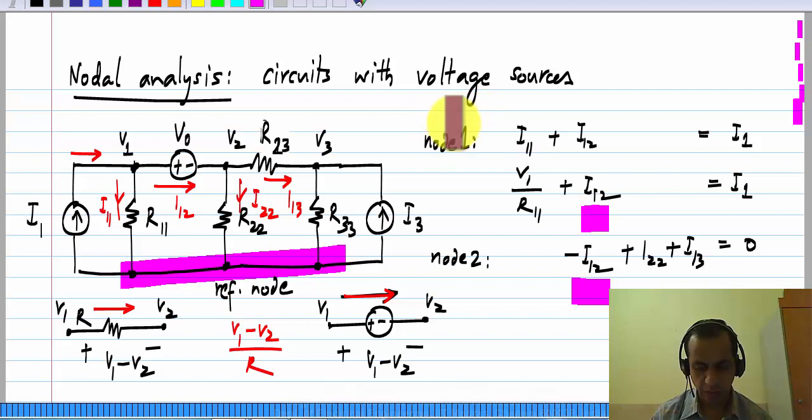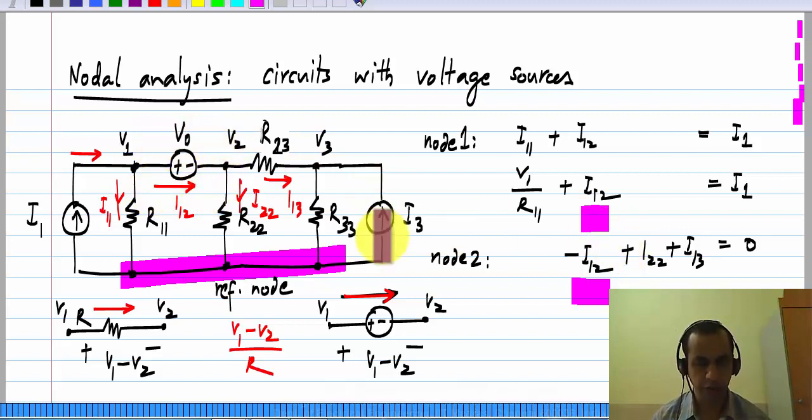So you notice that again the voltage source is connected between node 1 and node 2, and in node 1 this I12 appears with a positive sign, and in node 2 it appears with a negative sign. Okay, it doesn't matter in which direction we take I12.